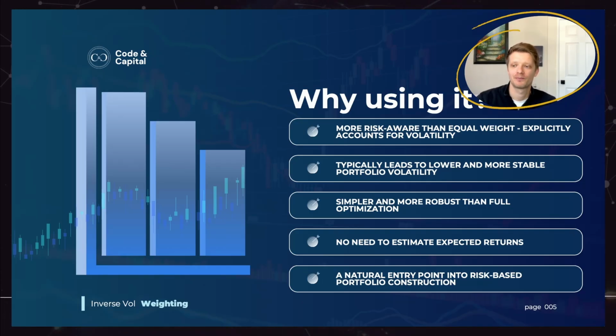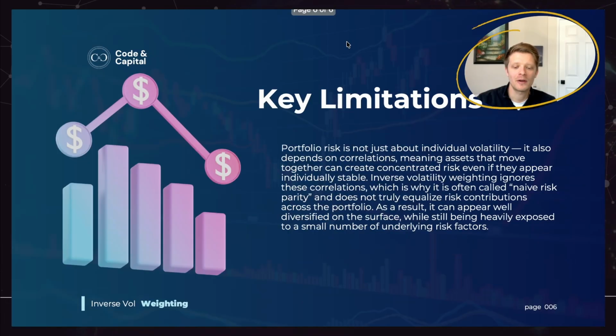So why do investors not use it that much then? What are the key limitations of that strategy? First of all, inverse volatility weighting can feel diversified because it scales by risk, but it does not consider correlations between assets. It can still hide concentrated bets that way.